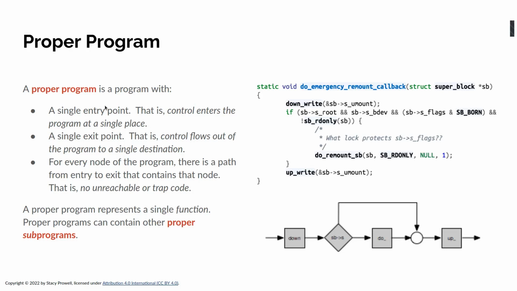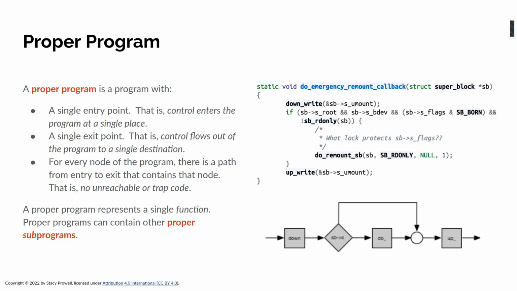A proper program has a single entry point. What I mean by that is control flow enters the program at a single place. Okay. Your code has a main. Control flows into your code through main. It comes into main. The instruction starts executing there. Single entry.